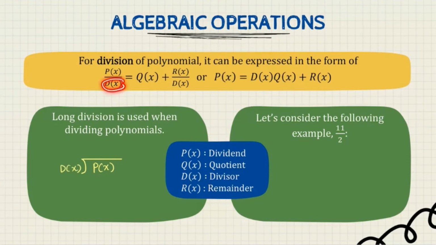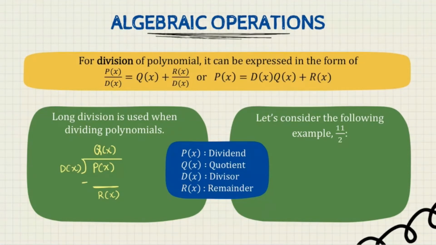Okay, so divisor ni dekat luar. So atas ni akan ada apa? Atasnya adalah Q of x, quotient kita. Okay, and then quotient ni, ini darabkan dengan dx, nanti akan ada satu term kat sini. So kita akan minuskan Px dengan term tersebut. And lastly kat bawah ni akan ada kita punya remainder.